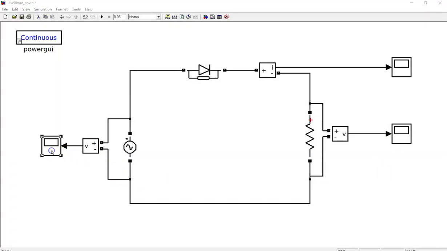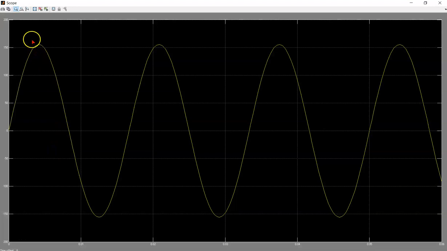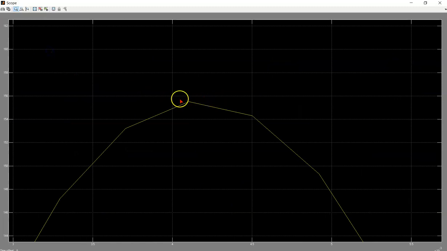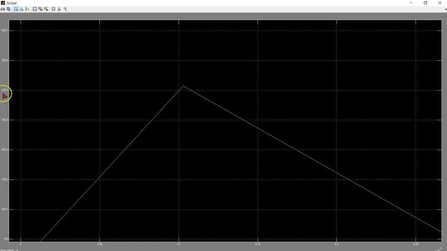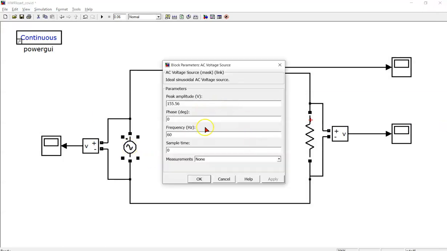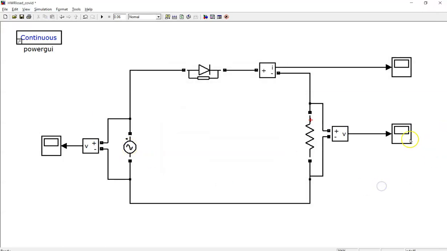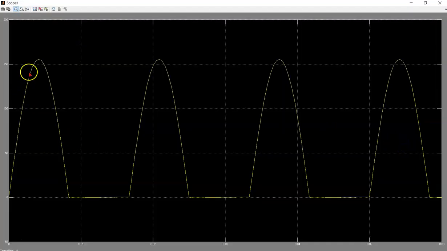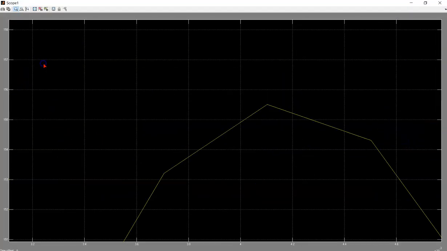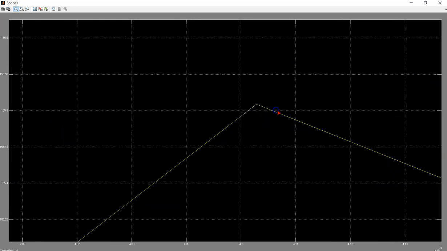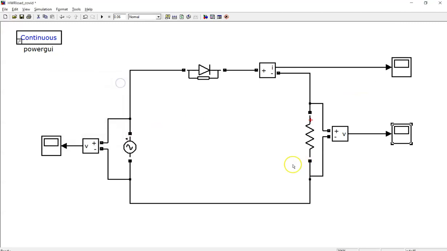Now if we look at the peak value of the input voltage, it is determined at roughly 155.56 volt, so it follows our setting. And the output voltage DC value remains the same, since this is an ideal case.